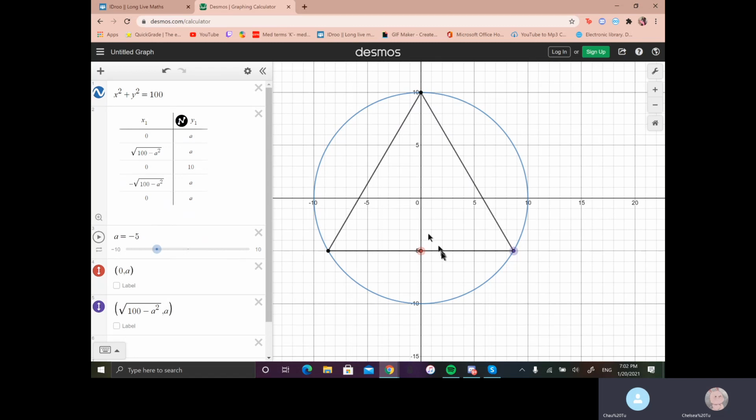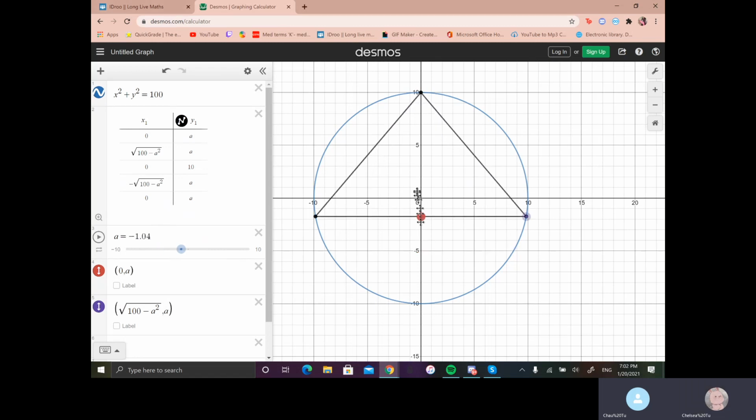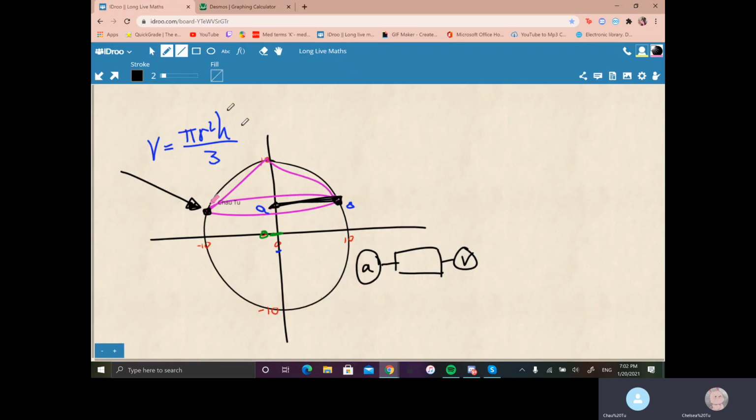Okay, so now jump back to what I drew. Let's just say a is currently negative 3. Suppose a is negative 3. You have to be able to tell me the volume. What's the volume? Actually, let's do negative 5 because you think that's the biggest volume, right?